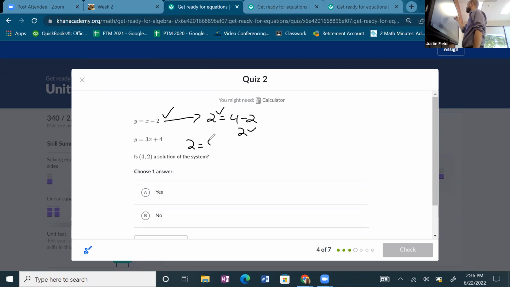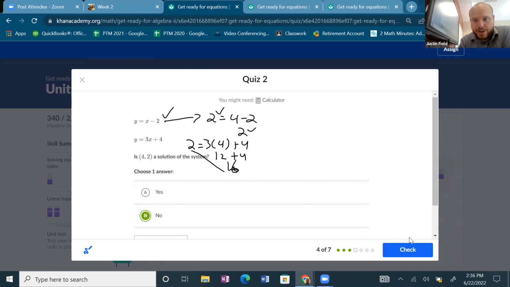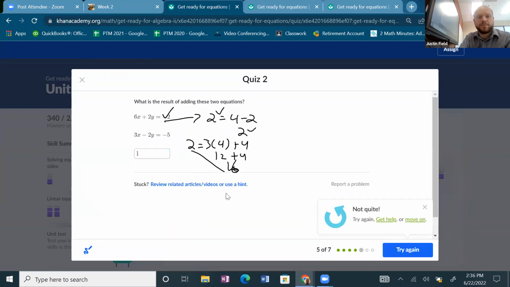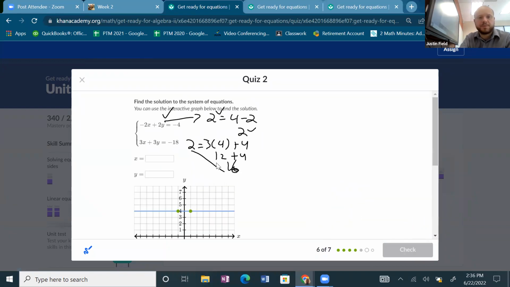Do that again. I have a bad feeling about this. 16 and 2 are not equal. So I believe the answer is no. Sorry, the result of adding these equations, so you can do that.